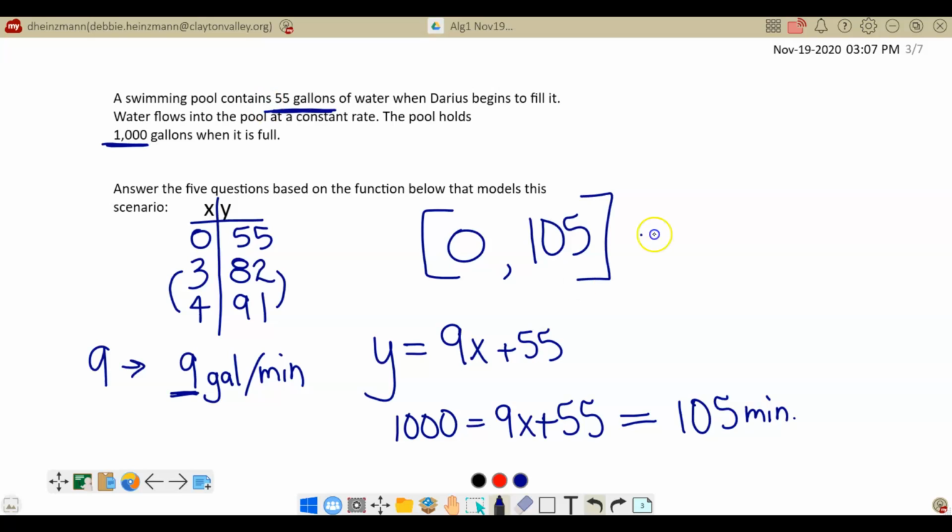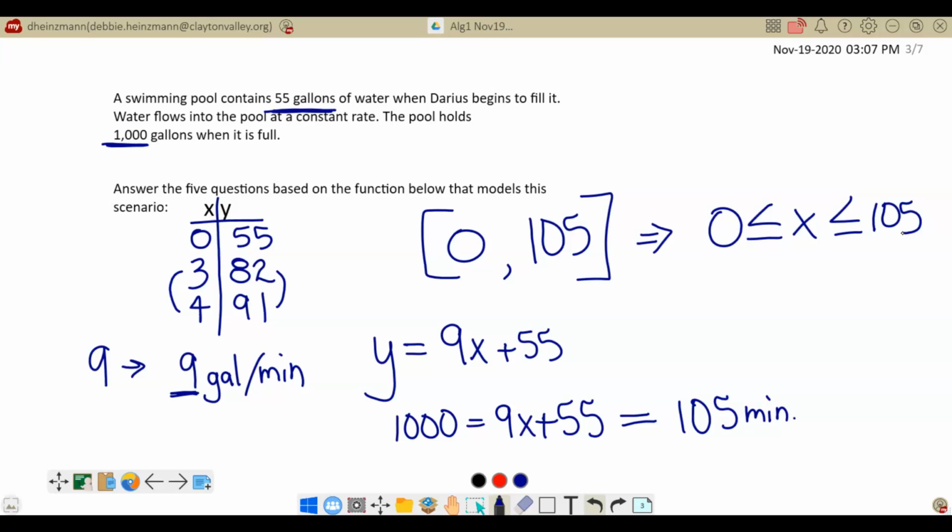And if we were going to do this in inequality notation, well, all of our x's are in between these two endpoints, right? So we would have 0 is less than or equal to all the x's, and x is less than or equal to 105. Can't be greater than that because then the pool would be overflowing.